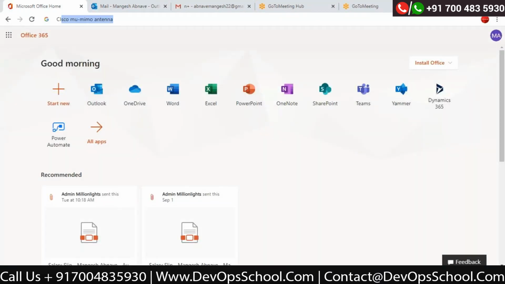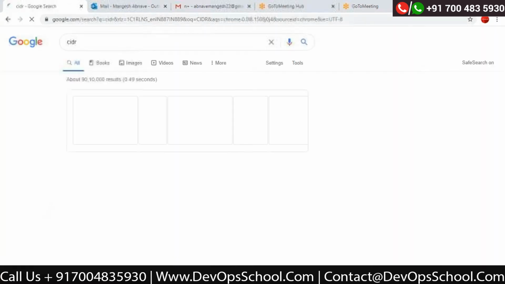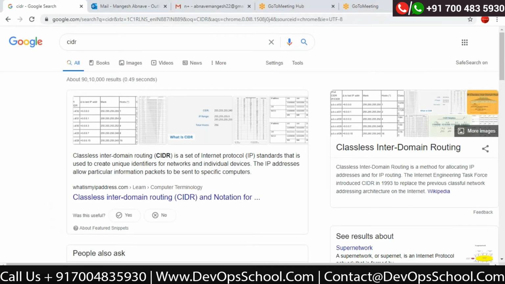There is a method called CIDR. This is classless inter-domain routing. This is called the CIDR method. This is an allocation of IP addresses, and an IP routing method is defined.